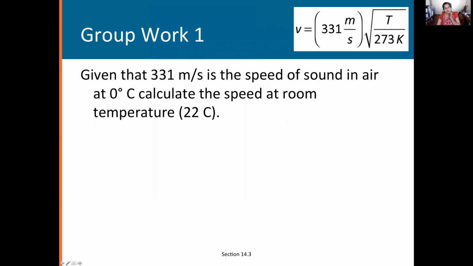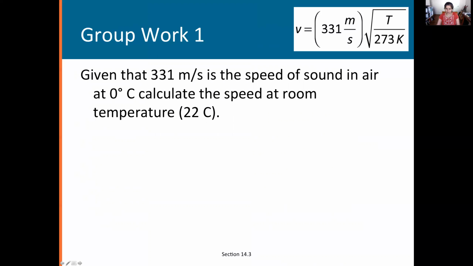Here's the example. Given that 331 meters per second is the speed of sound in air at 0 degrees Celsius, calculate the speed at room temperature, which is 22 Celsius. So Celsius and centigrade, I'm going to use interchangeably, okay? So one of the first things we have to do is to convert 22 Celsius to Kelvin.